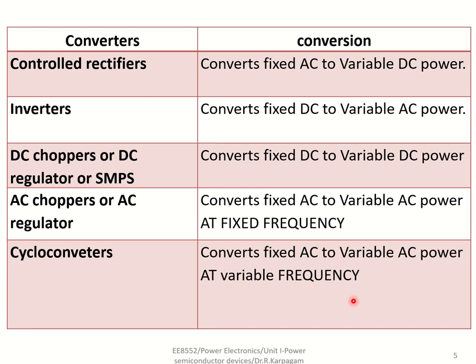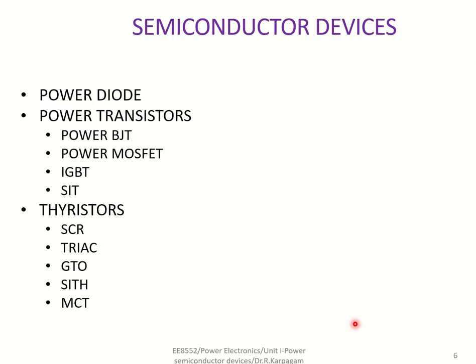Now we understand that depending upon the power handling capacity, the speed of operation, and controllability, the devices are selected for particular power converters. Let us study semiconductor devices.